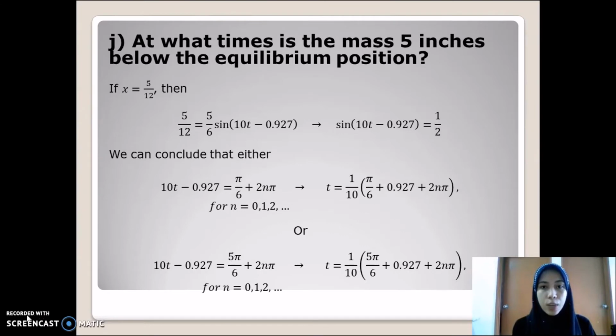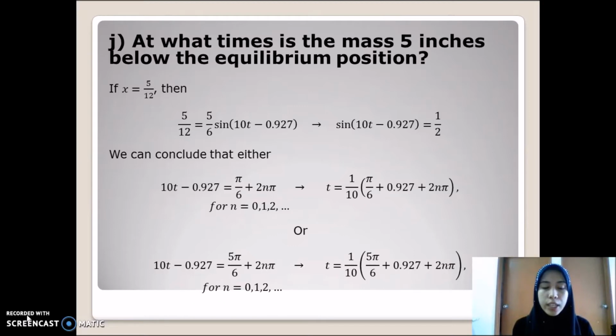For J, at what times is the mass 5 inches below the equilibrium position? If x equal to 5 over 12, then we can see here 5 over 12 equals 5 over 6 times sine of (10t minus 0.927), so sine of (10t minus 0.927) is equal to 1 over 2.